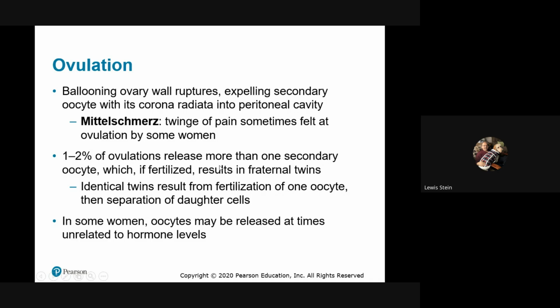This is the whole idea: 1 to 2% release more than one secondary oocyte. Fraternal twins result from that, while identical twins result from fertilization of one oocyte that happens to separate. Sometimes it's almost a way of understanding accidental pregnancies.